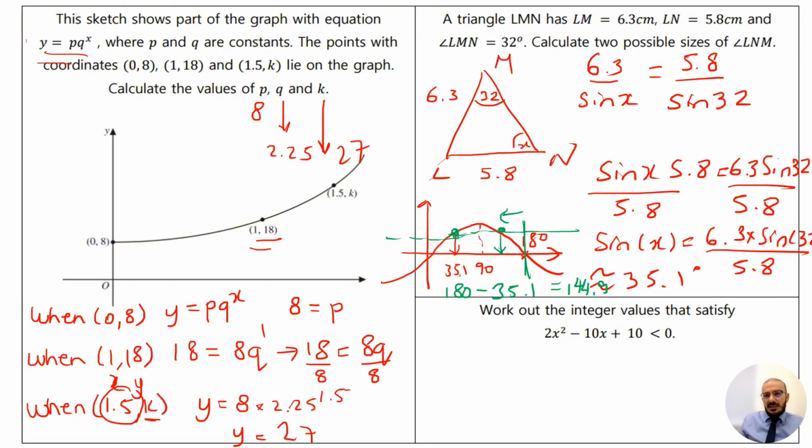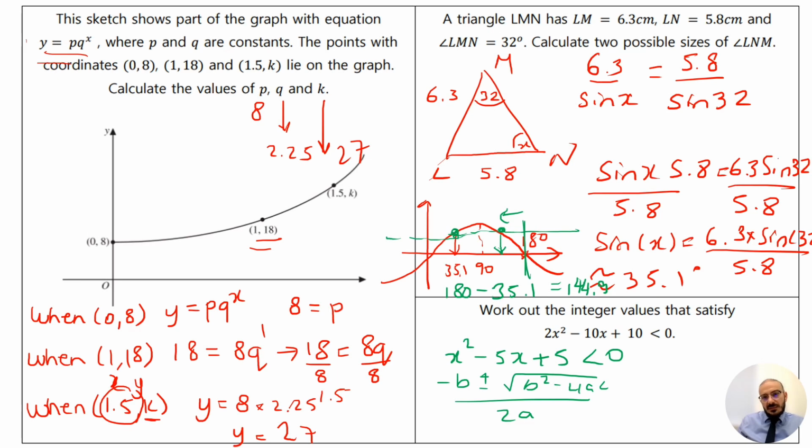Now, next question: work out the integer values that satisfy this. I can easily divide all of these by 2 and end up with x squared minus 5x plus 5 is less than 0. I'm going to have to use the quadratic formula: minus b plus or minus the square root of b squared minus 4ac, divided by 2a.